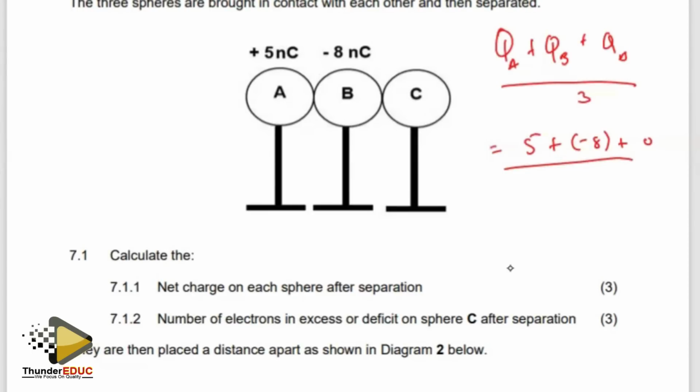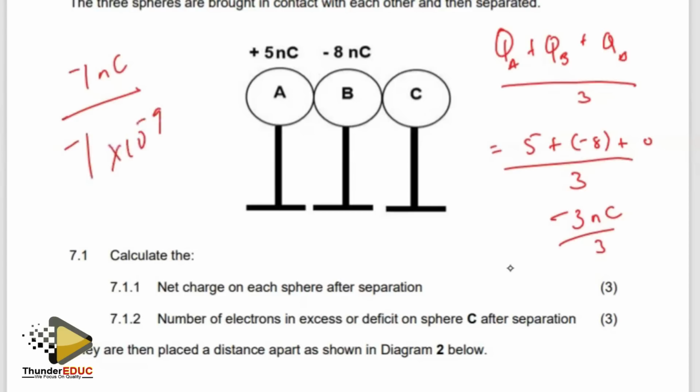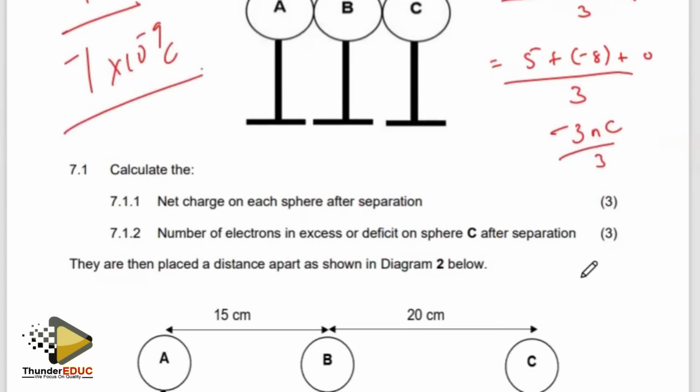That's why I'm just saying 5 plus -8. So punching that into the calculator, I'm going to get -3 nanocoulomb over 3, which means all the charges will go away with -1 nanocoulomb. Alternatively, you can just write it as -1 times 10 to the -9 coulombs. Okay, so that is the net charge.